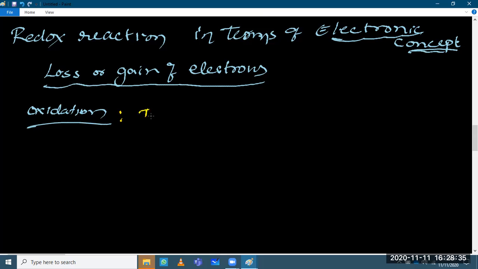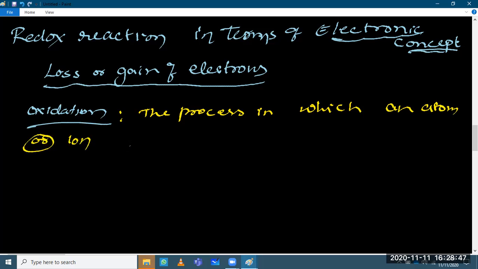Oxidation is the process in which an atom or ion, whatever it may be, loses one or more electrons.